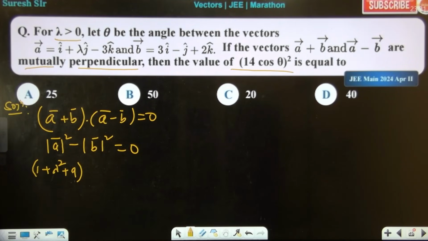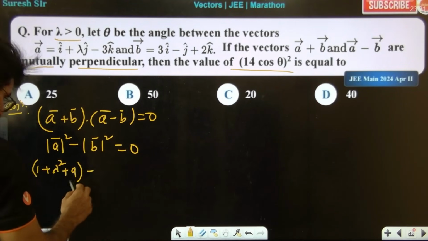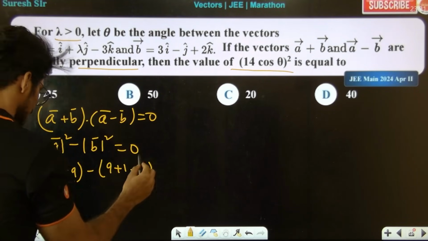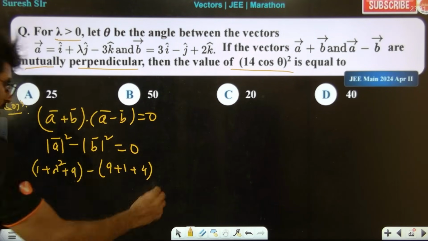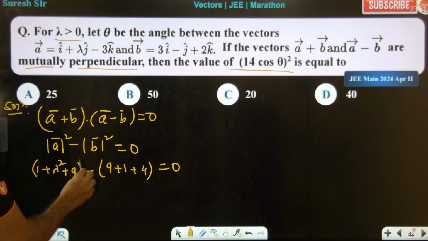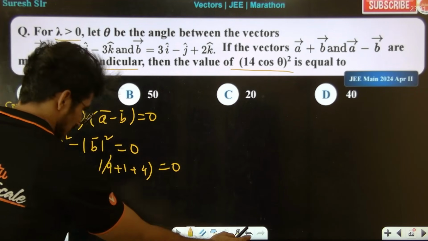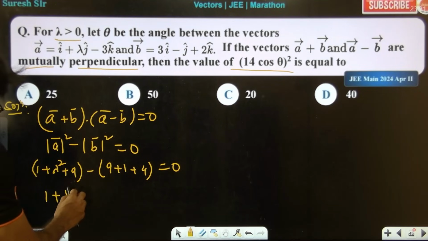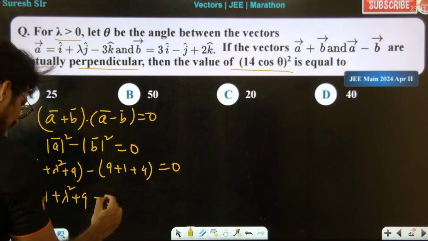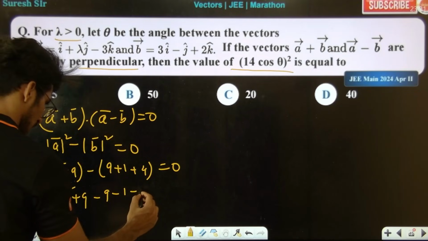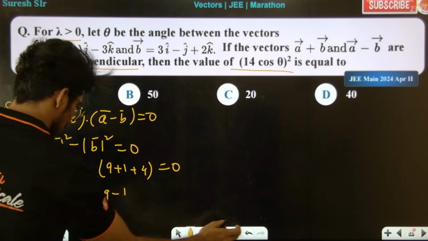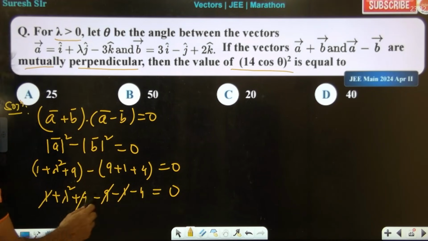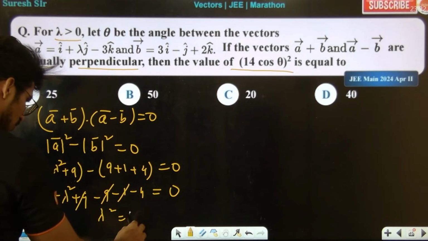Minus magnitude of B square, which is 9 plus 1 plus 4, is equal to 0. Let me open the bracket and cancel: plus 9 minus 9 cancel, plus 1 minus 1 cancel. So lambda square is equal to 4.